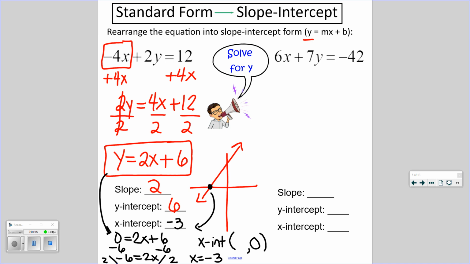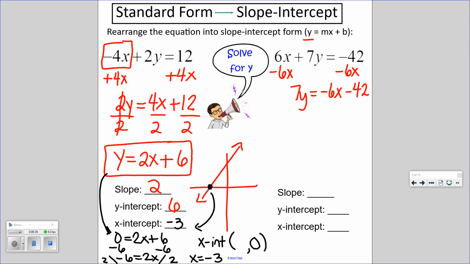Okay, on the right side, we'll do this one together as well. First step, again, is going to be to move the x. So we'll move this 6x over, it's negative, and then I get 7y is equal to negative 6x minus 42. After that, again, I want to get the y value by itself.